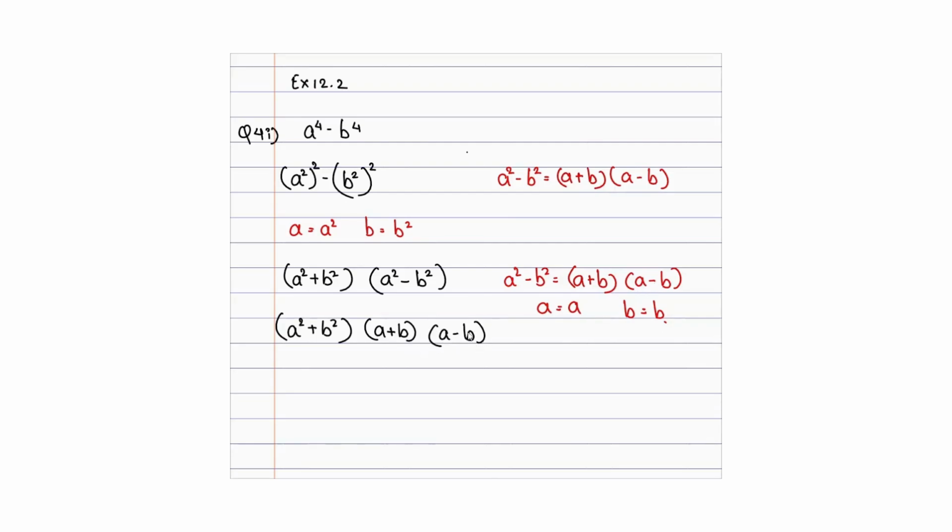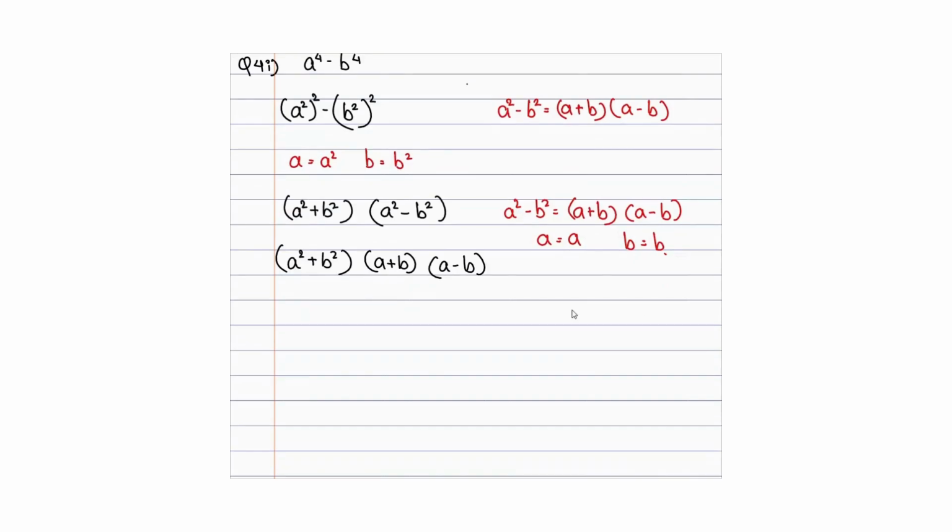So this is how we'll get our answer: a square plus b square, a plus b and a minus b, by using the formula a square minus b square. In this fourth question, most of the bits will get done by using this identity only, right?